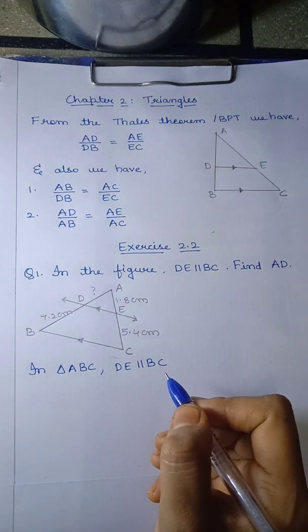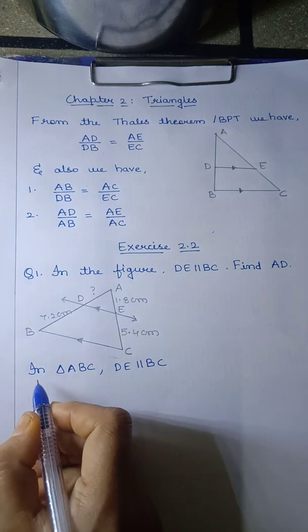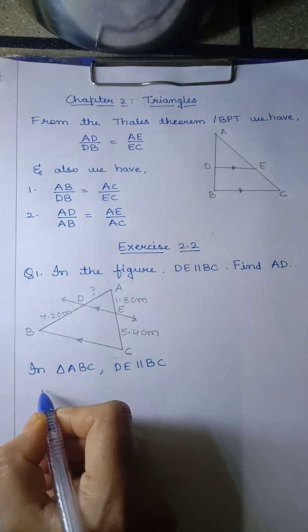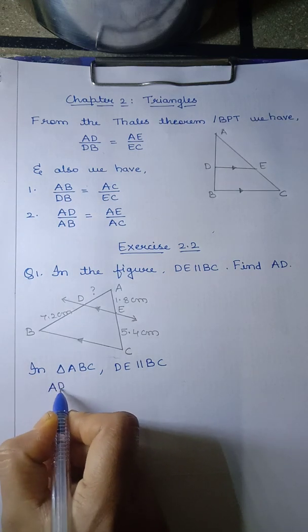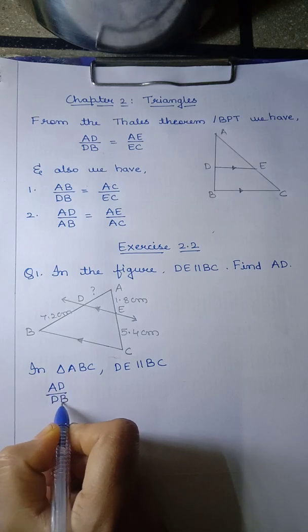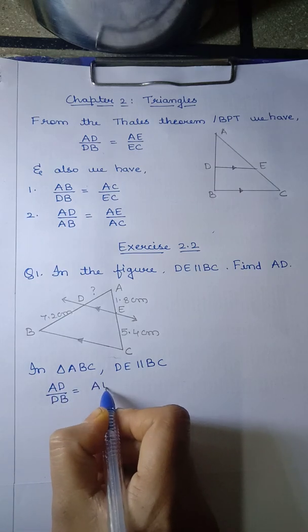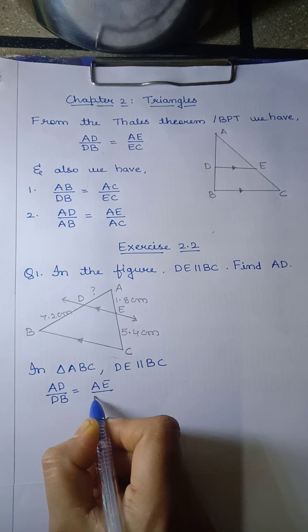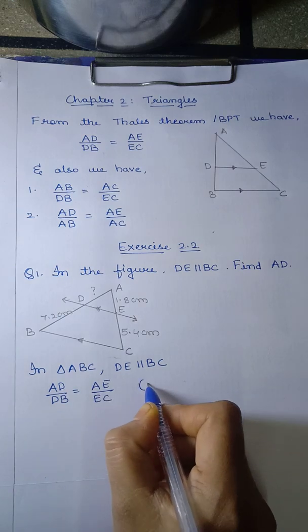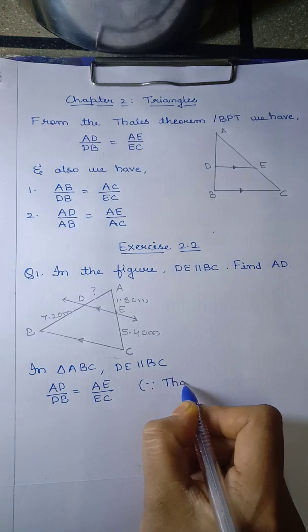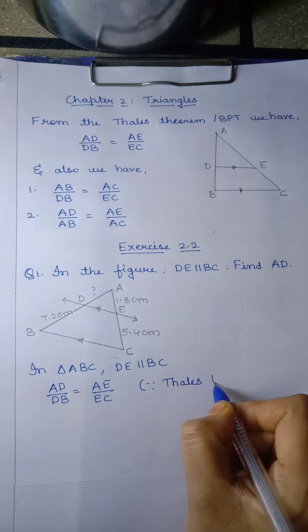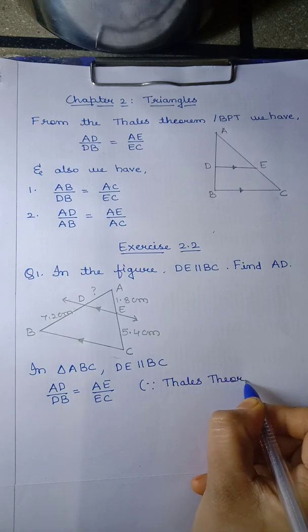When DE is parallel to BC, according to Thales theorem, you will have AD by DB is equal to AE by EC. The reason you have to write here is, by Thales theorem.